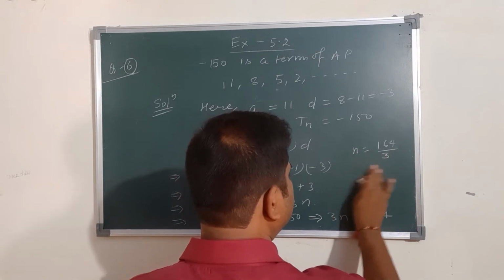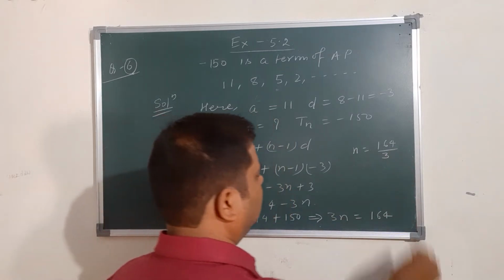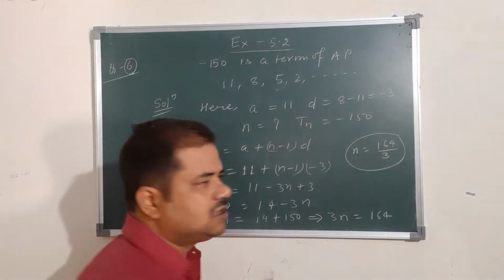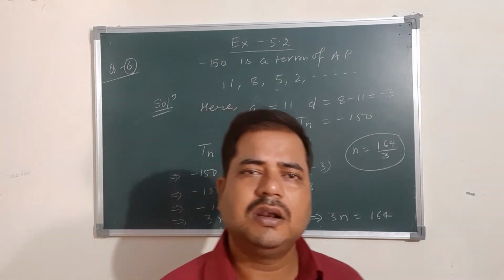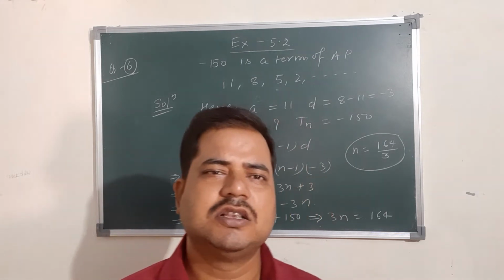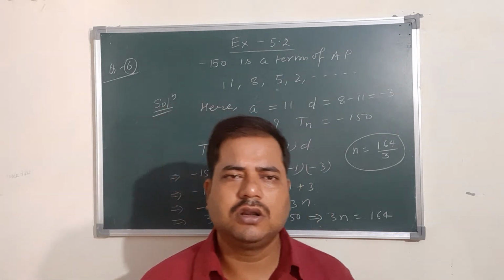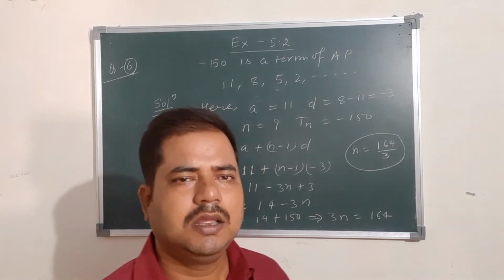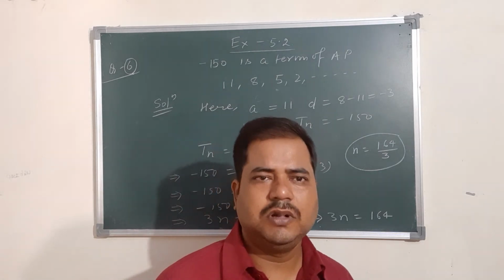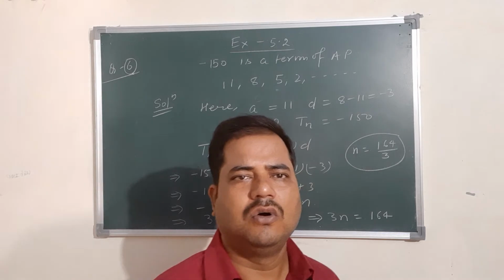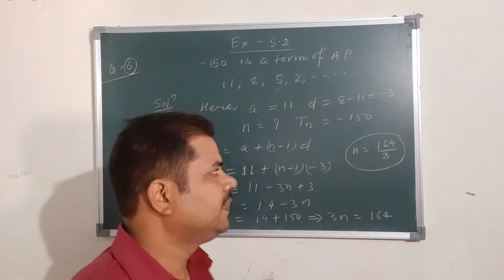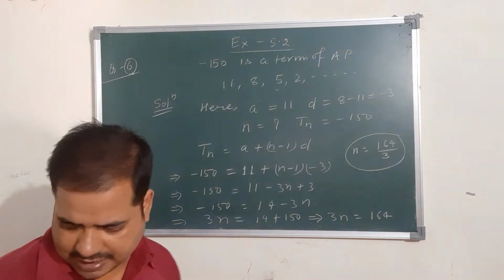Is n a whole number? Here you see n is not a whole number. n is a fractional number. That's why minus 150 is not a term of the given AP. For a term, it is necessary that n is a whole number. Okay, so now next we have to see.